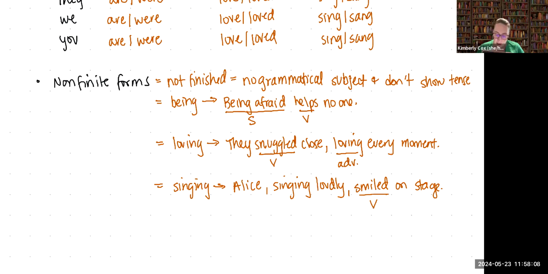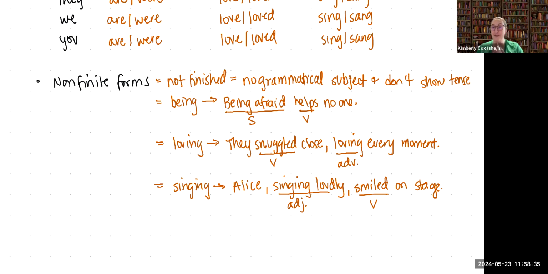Here, singing loudly is telling us what Alice is doing, right? So it's modifying Alice. It is functioning much more like an adjective in this sentence. None of these forms of the verb have a grammatical subject and they don't show tense. And so for those reasons, these are non-finite forms of verbs.